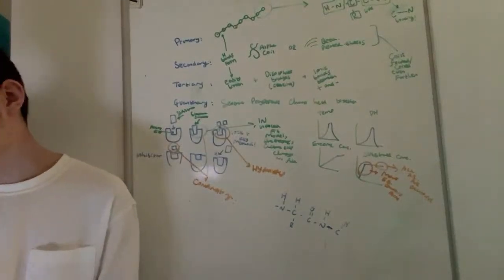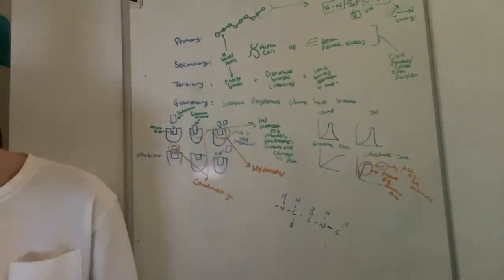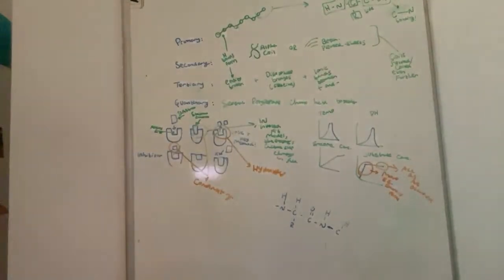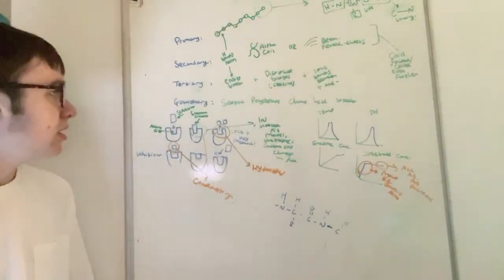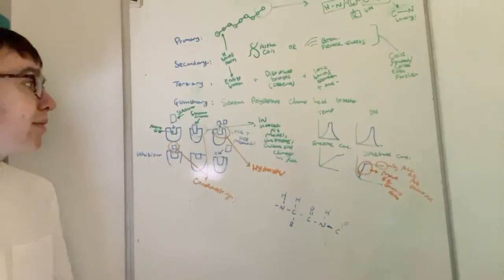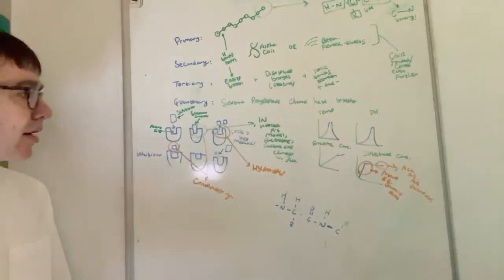Explain how the active site of an enzyme causes a high rate of reaction. Oh. 3 marks. Okay. Well, let's think about this. High rate of reaction because the substrate binds with the enzyme's active site to form an enzyme substrate complex.